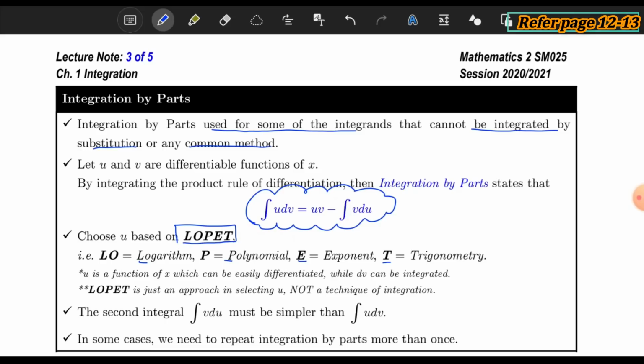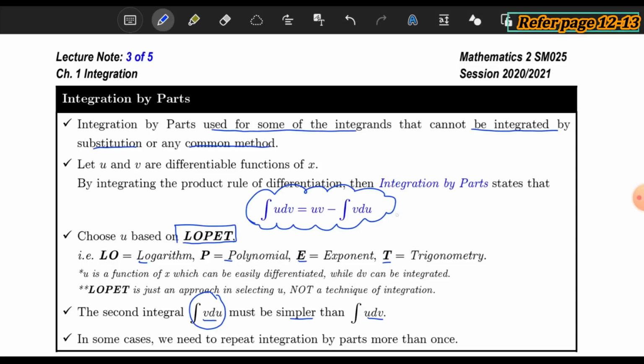The second integral, integrate v du, must be simpler than integrate u dv. If your integrate v du is more complicated, it means that you are choosing the wrong or not suitable u. And in some cases, we need to repeat integration by parts more than once.